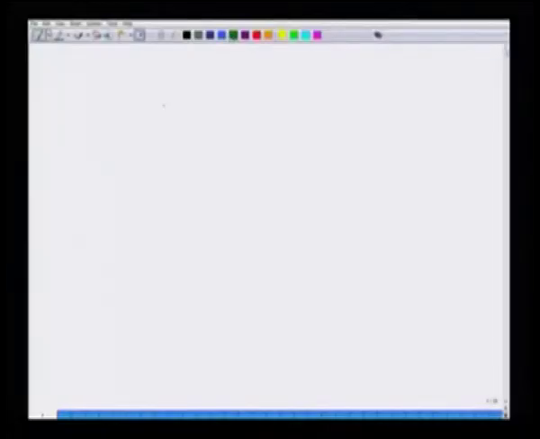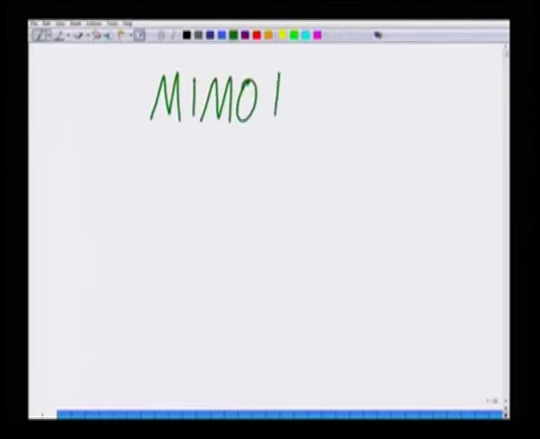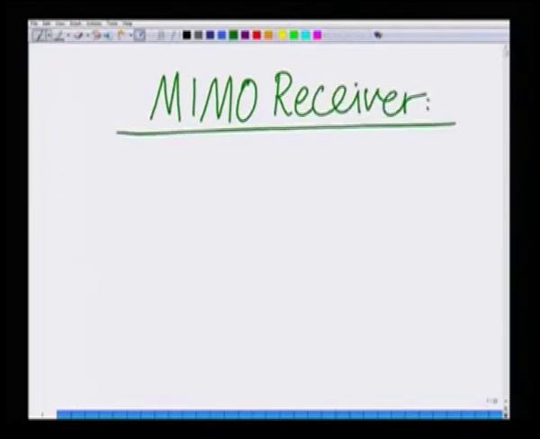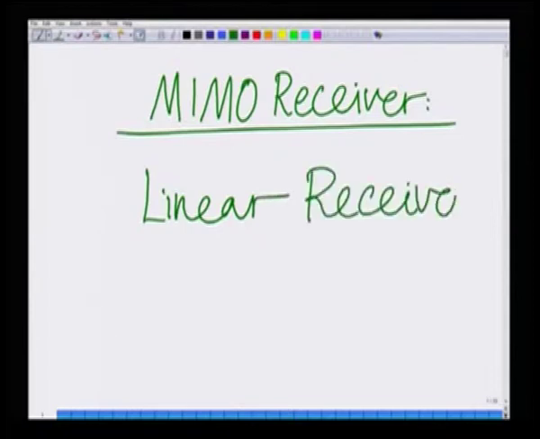So, we will start with the MIMO receiver, and more specifically, at least initially, we will talk about a linear MIMO receiver.